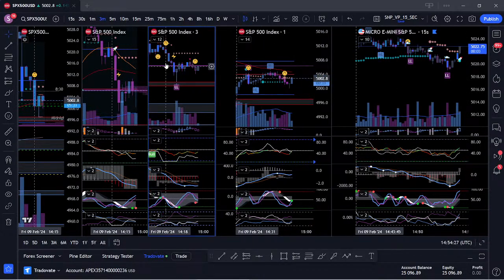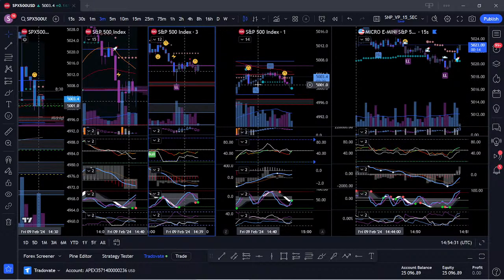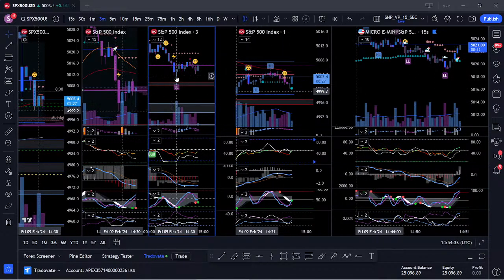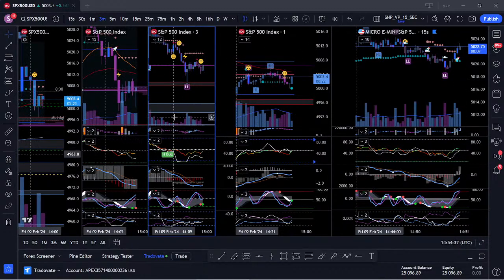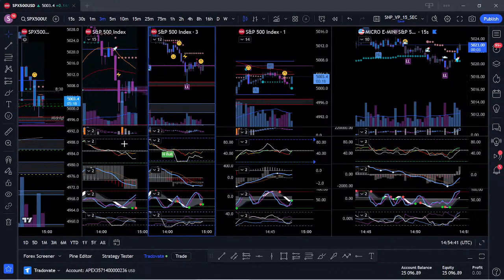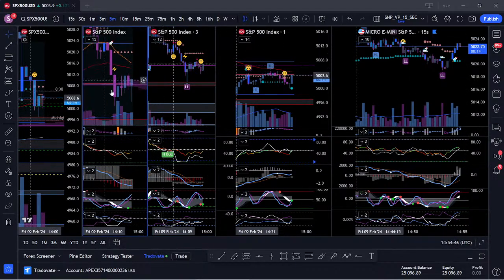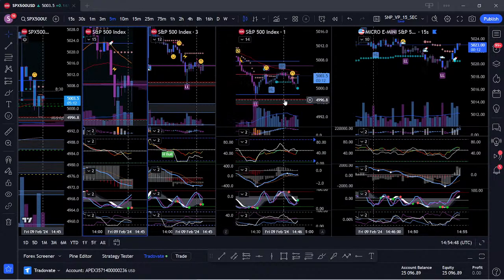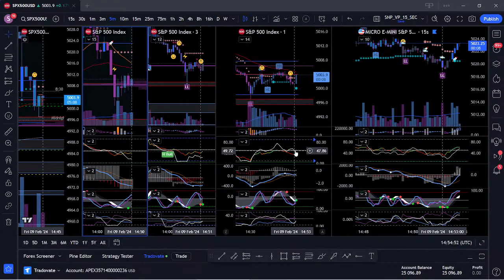All right, so now we are going lower low. When the 3 is lower low, then don't think about buying for now. This is below the 50, so it's negative. On 1 minute it's almost sideways.